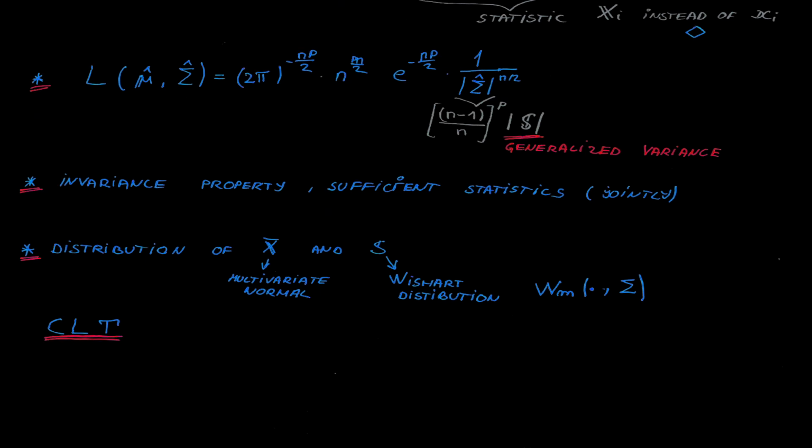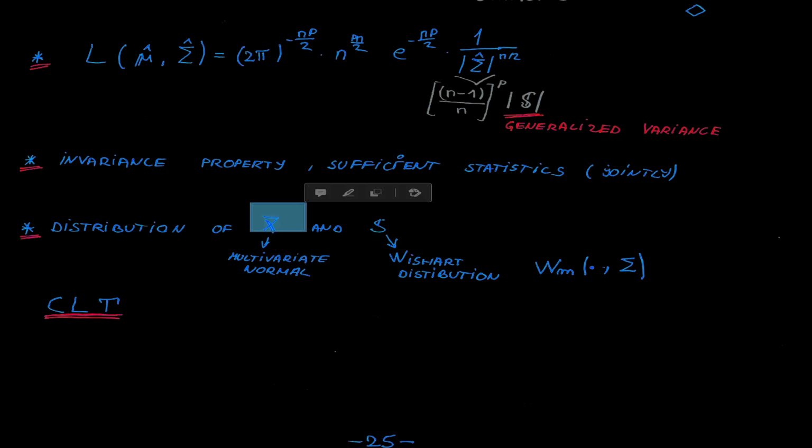The sampling distributions of our x bar and S are similar to the ones in the univariate case. We had that x bar in the univariate case has a normal distribution with mean mu and variance sigma squared divided by n.